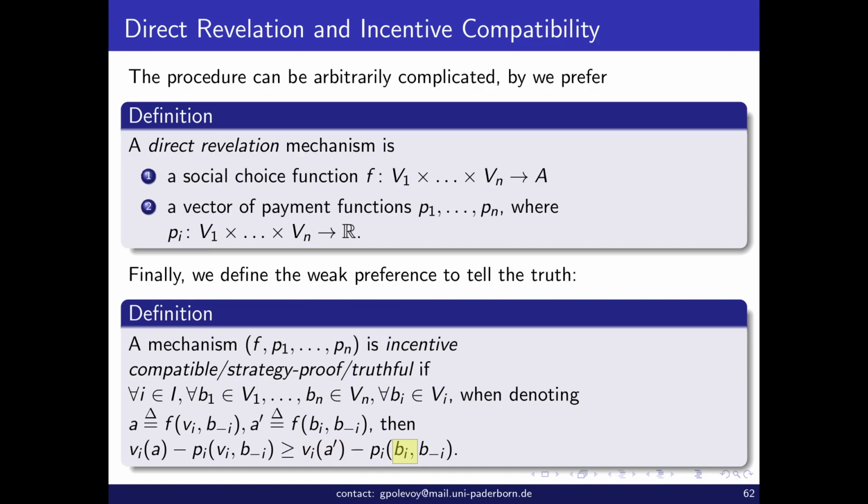It's never strictly better to bid something else. It's always at least as good to bid the truth as to bid something else. That's the requirement. That's the general way of saying we want them to be incentivized to bid the truth. We don't want them to strategically lie. That's what we mean by strategically.